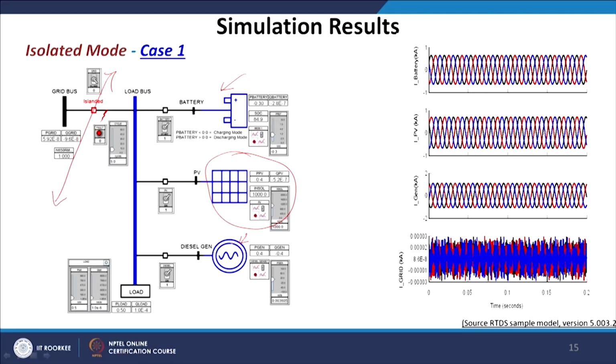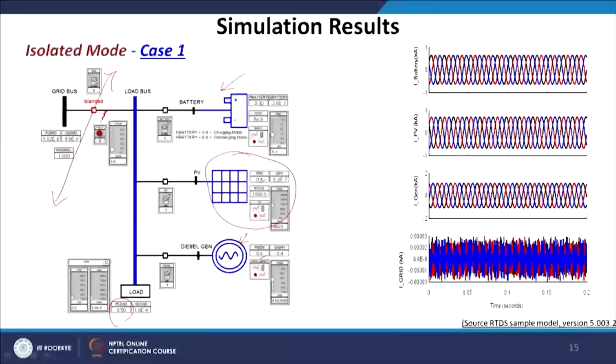So, we have 0.4 plus 0.4, 0.8 units of power coming from the generator as well as PV at MPPT, and the load is at 0.5, so the 0.3 excess energy is being charged by the battery.